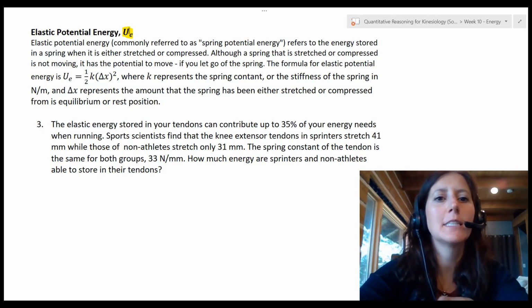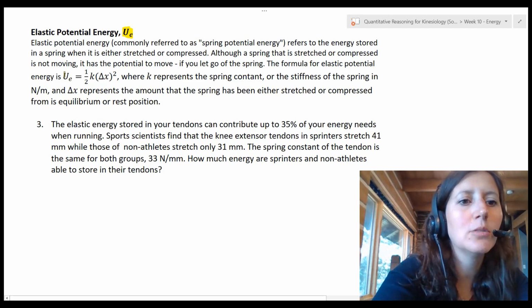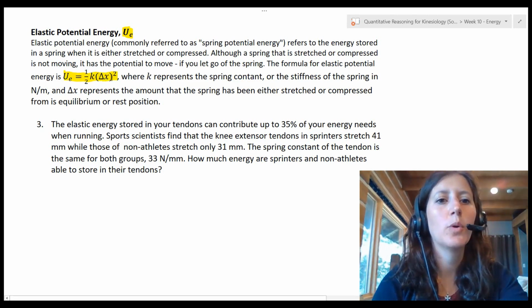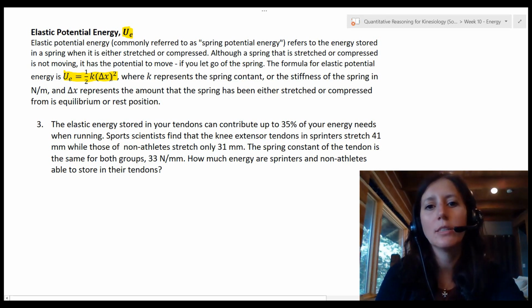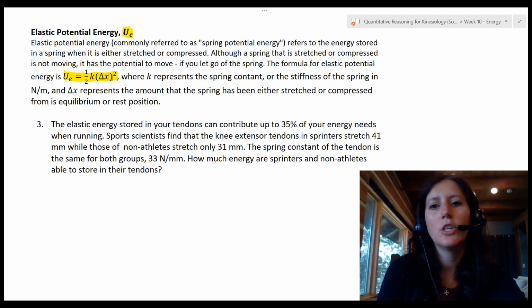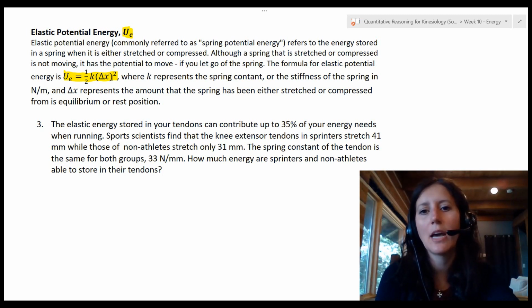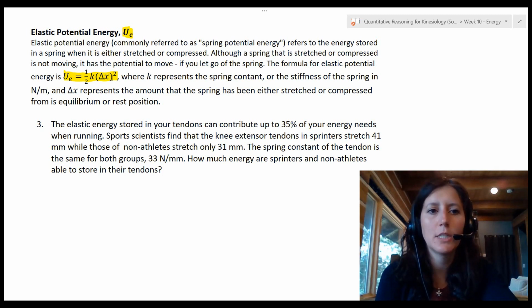So the formula for elastic potential energy is UE equals 1/2 K delta X squared, where K is the spring constant, and that tells you how stiff the spring is. The units for spring constant are newtons per meter, so you need to make sure everything's in SI units, and if not, you would have to convert it. And delta X represents the amount that the spring has been either stretched or compressed from its equilibrium or rest position.